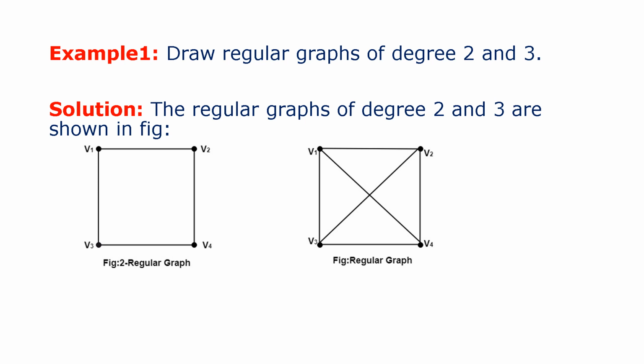So it is two regular graph. Similarly, for three regular graph, all the vertices have 3 degree. V1 is of 3 degree, V2 is of 3 degree, V3 is of 3 degree, and V4 is also of 3 degree.